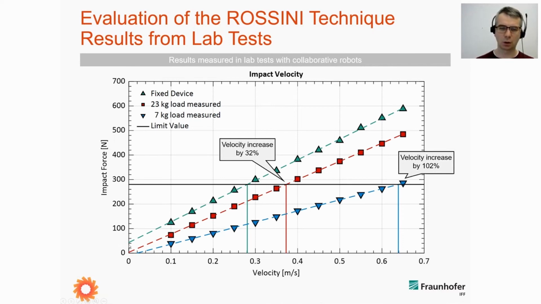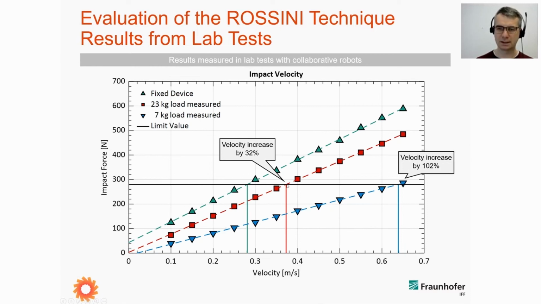What we obtained from the test is the green curve with a fixed device. The green curve represents exactly what we receive today, because we need to fix it. Then we did some tests with the movable device. We will receive the red one if the device has a weight of approximately 23 kilograms, and for 7 kilograms it's the blue curve.